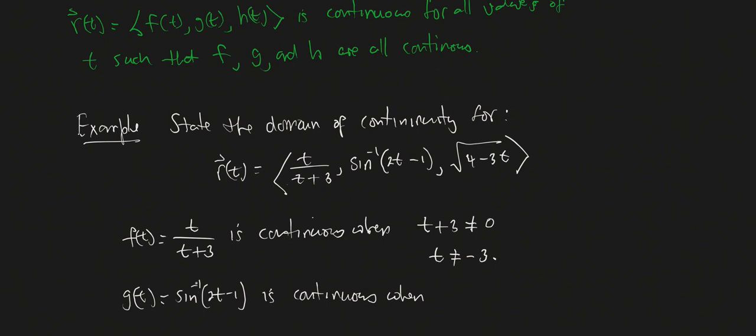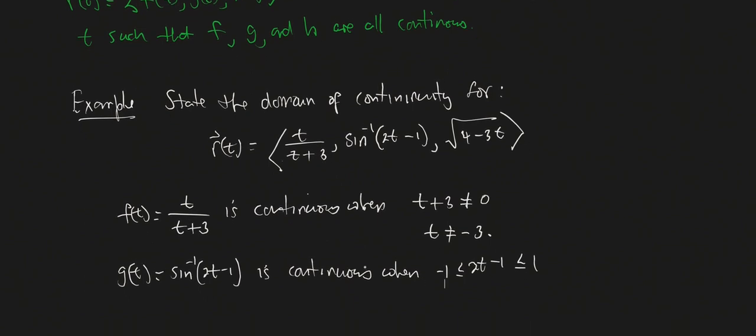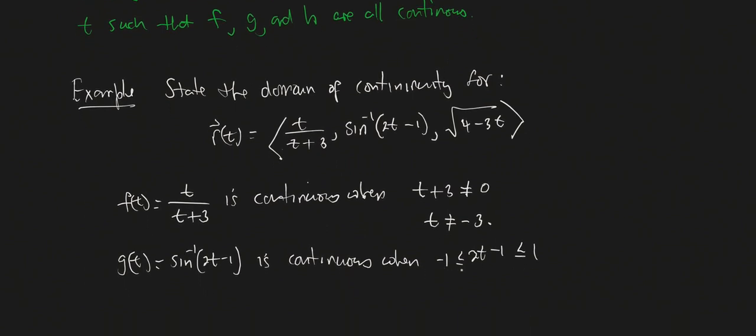The arc sine and also arc cosine functions are continuous whenever the inner function is between -1 and +1 inclusive. So that means 2t minus 1 must be less than or equal to 1, and greater than or equal to -1. Whatever you're taking the arc sine of, that expression must be between plus or minus 1. And then we can go ahead and isolate t.